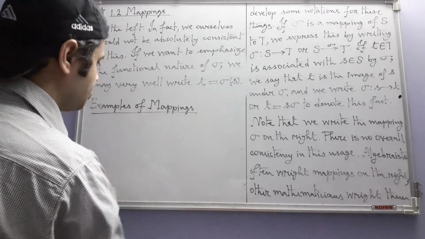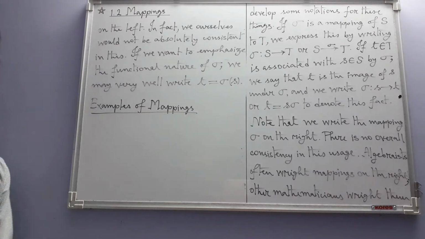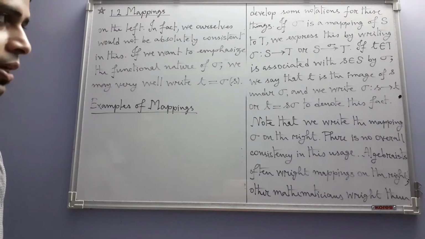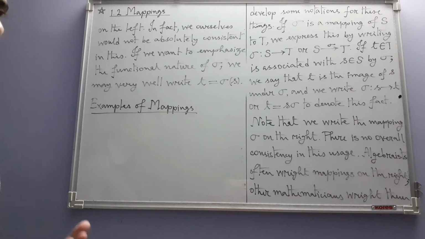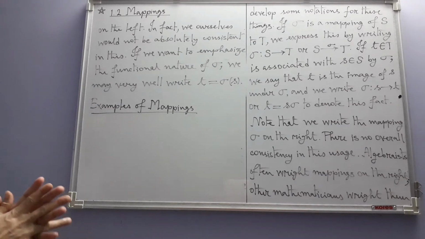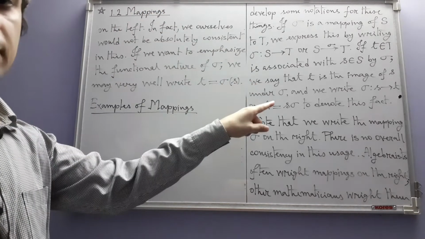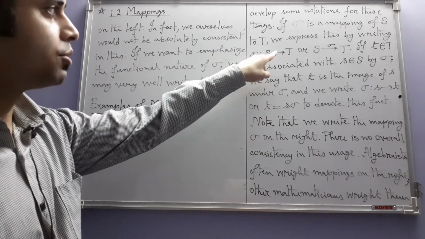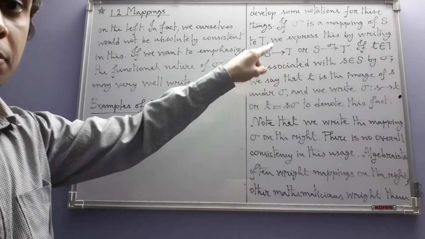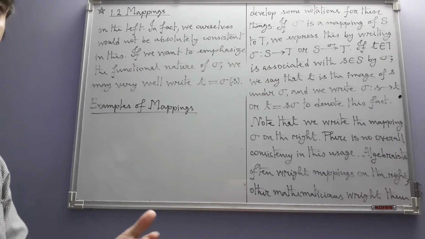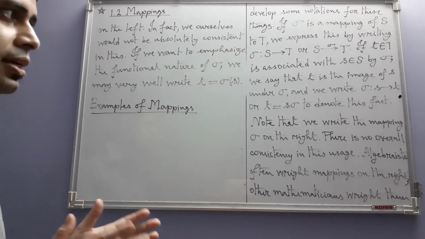Examples of mappings. Note one thing, that those of you who have already seen the section on functions in Tau's analysis in my videos, you can see that in our definition of a mapping, we have taken both S and T to be non-empty. That means we are not going to consider those particular things known as empty functions or empty mappings. We have no need for those things.